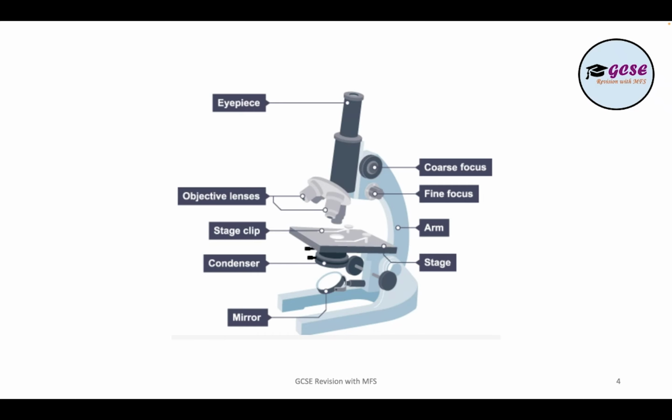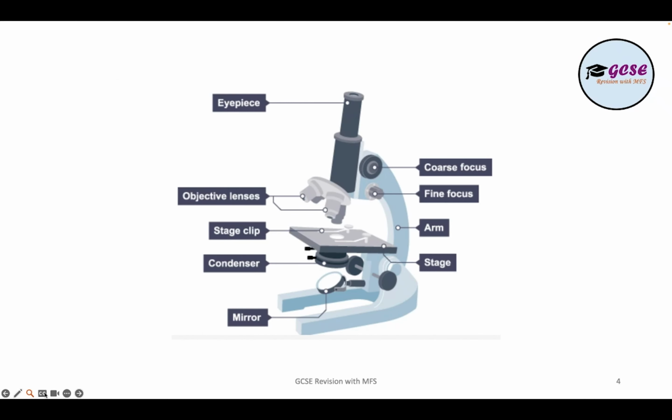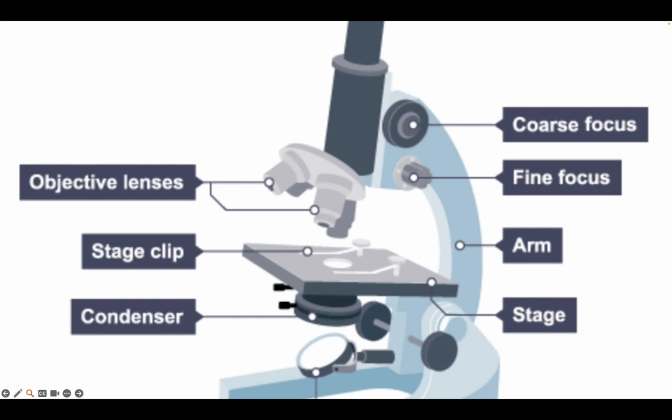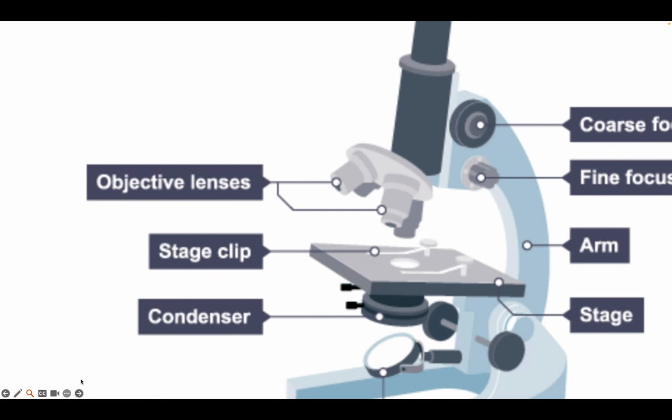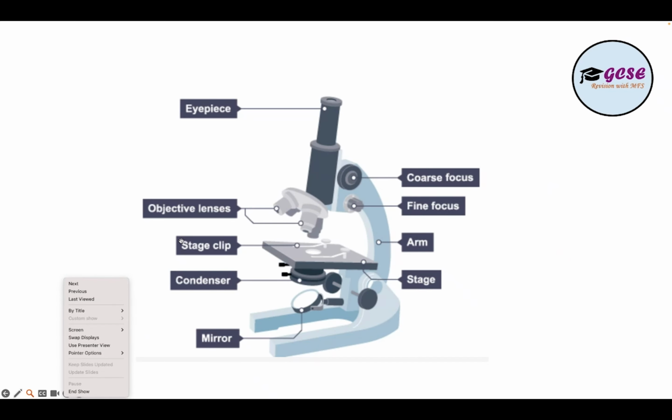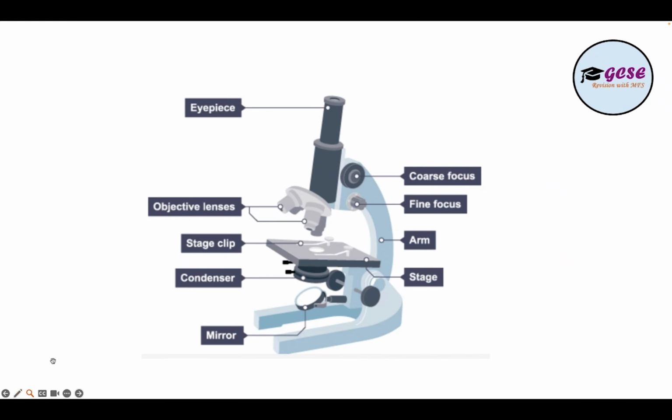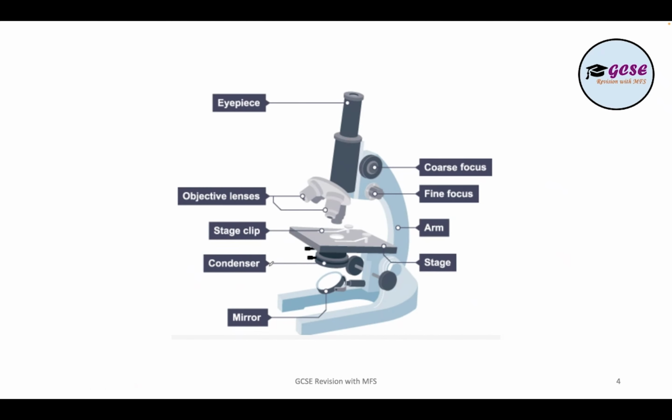Okay, so we're looking through the eyepiece lens, and we're using the objective lens to magnify the objects.